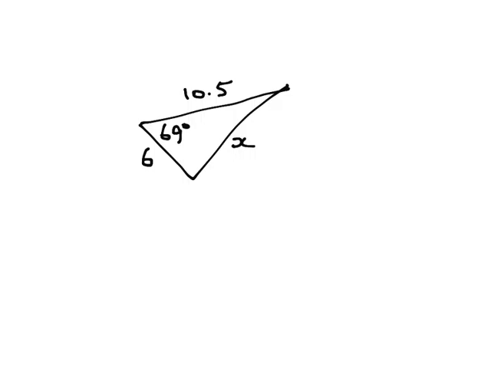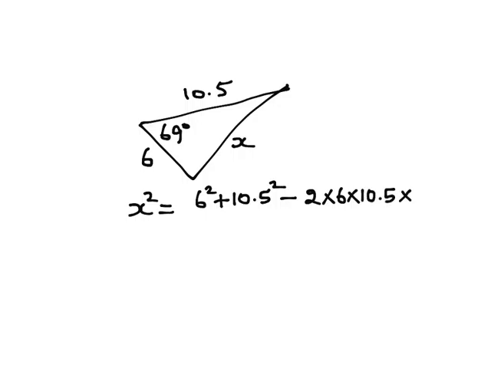So according to the cosine rule, x squared is equal to 6 squared plus 10.5 squared minus twice 6 into 10.5 into sine, I'm sorry, not sine, cos of 69 degrees.